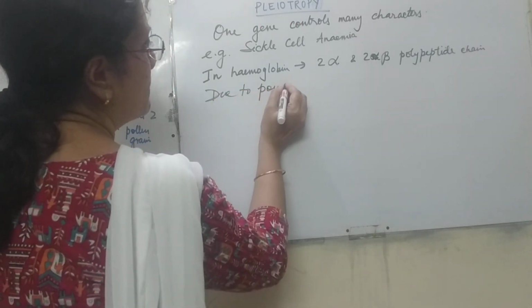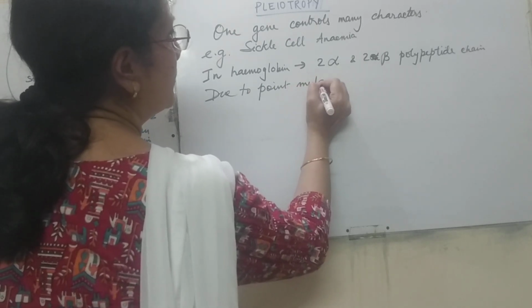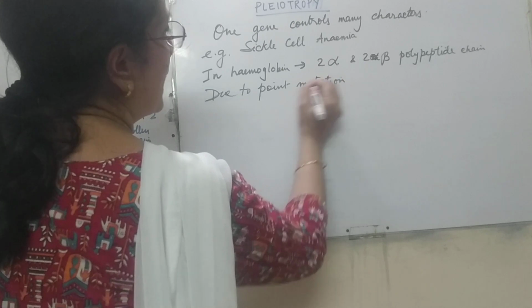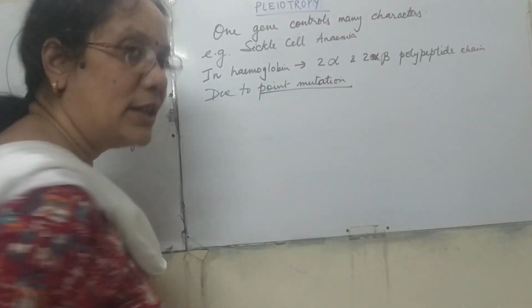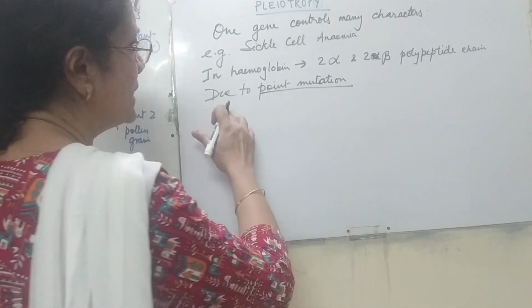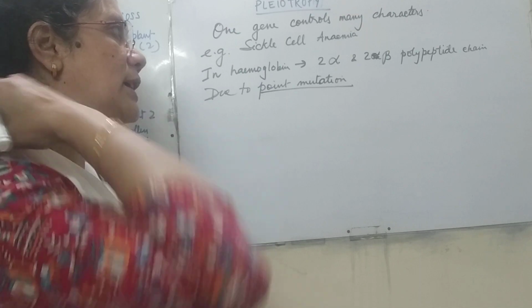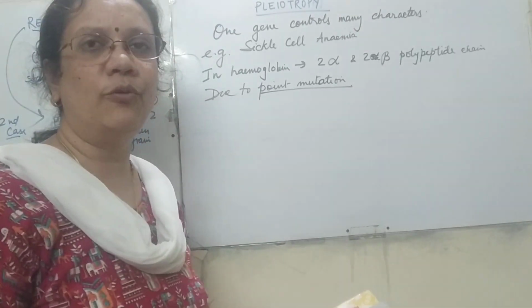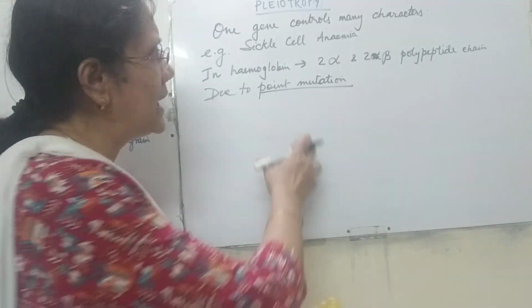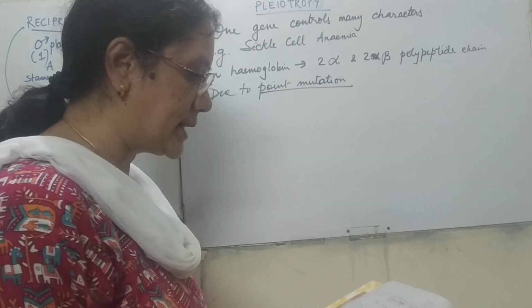Okay, now due to point mutation, remember this, due to point mutation, this abnormality or this change happens, that is, the shape of the RBC changes. Since we haven't done mutation in detail, in the next few videos we will start with mutation, but still I can give you some idea about what point mutation is.